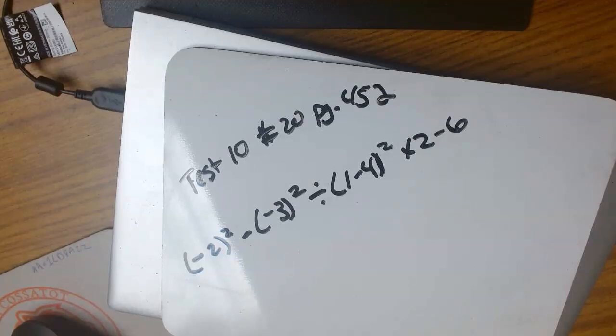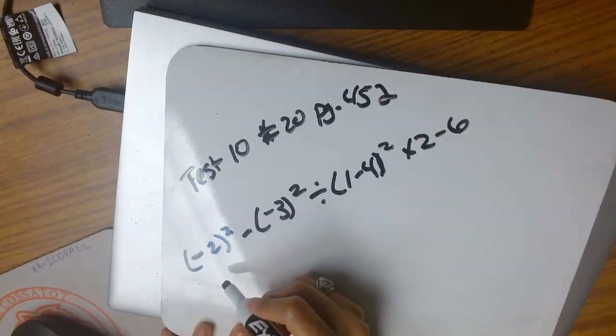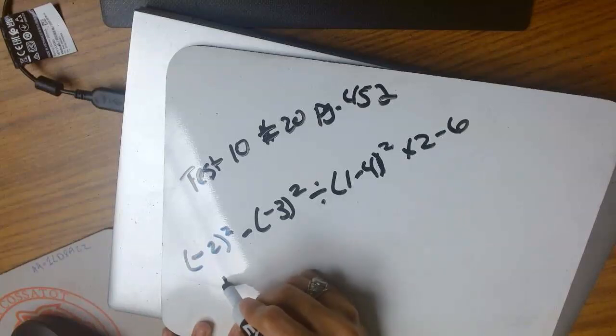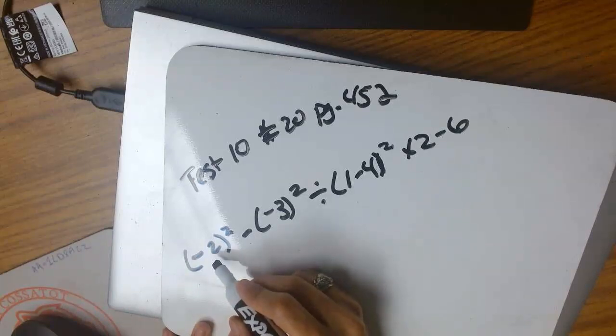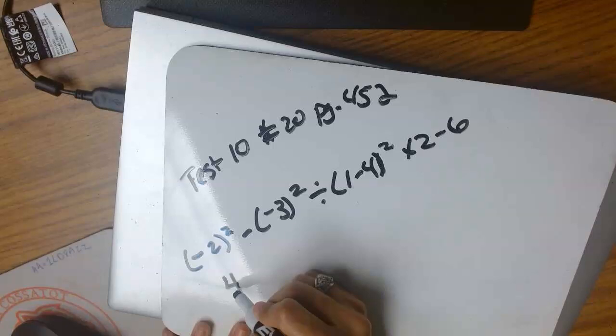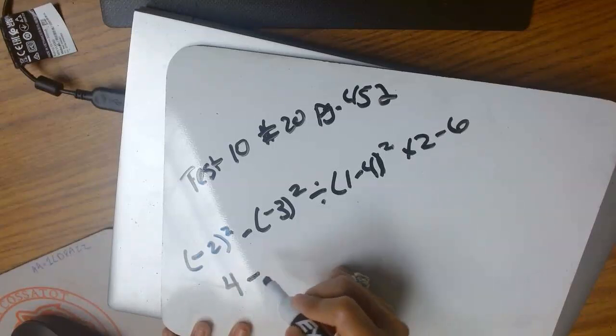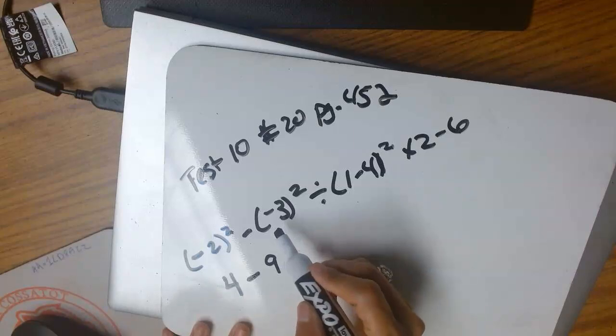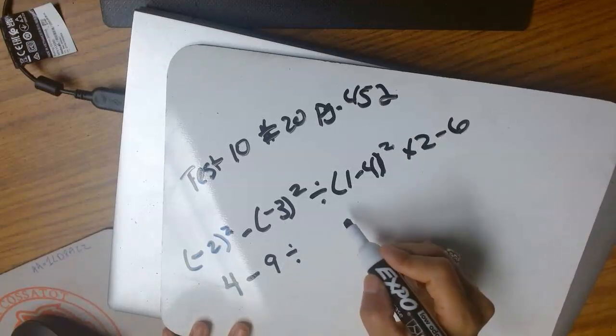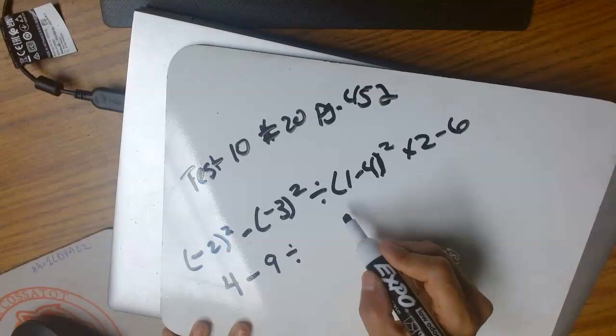What we're going to do is simplify what's in parentheses first, and take it step by step. So we're going to do 4 there, because 2 times 2 is 4. Negative times a negative is a positive. Then we're going to do 3 times 3 is 9. Negative times negative equals a positive. And then we've got 1 minus 4.